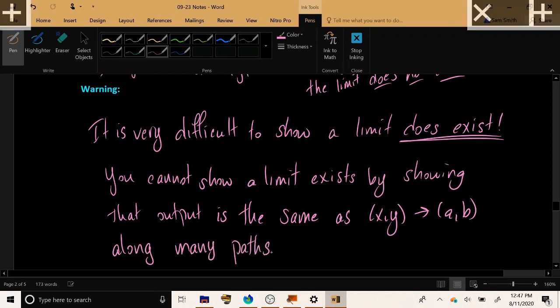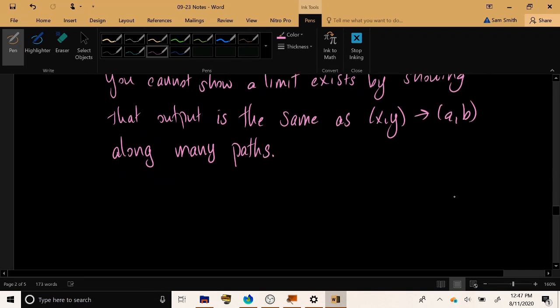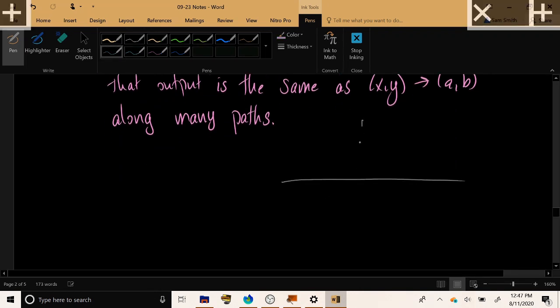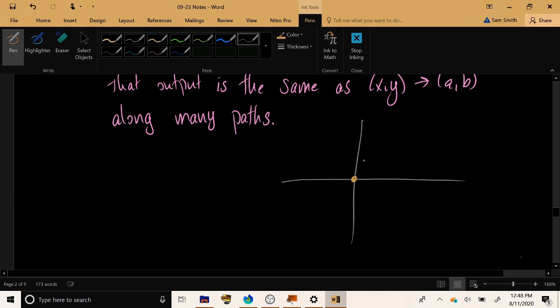Because no matter how many paths you test, I am going to be able to come up with a path that you haven't tested, because there are infinitely many possible ways for xy to approach AB. Not just straight line paths, but also curved paths. Let's just suppose that AB is on the origin. You can come in and you can approach along the line.